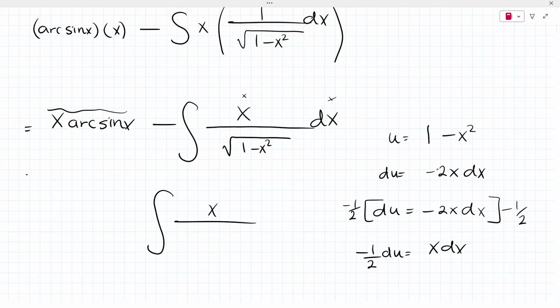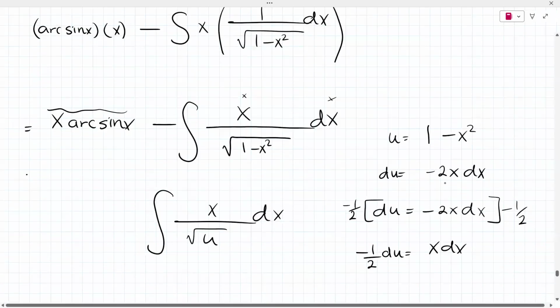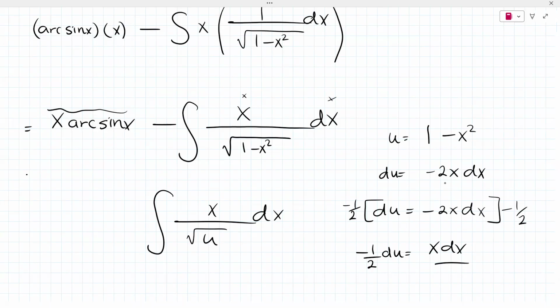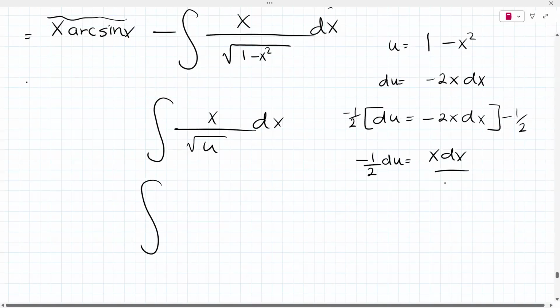Square root of 1 minus x squared is u. And what can we do? We can replace this x dx because we want it in terms of u. So yeah, we can replace this x dx with negative 1/2 du.